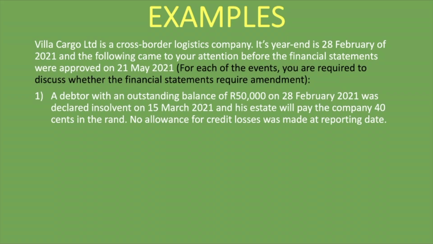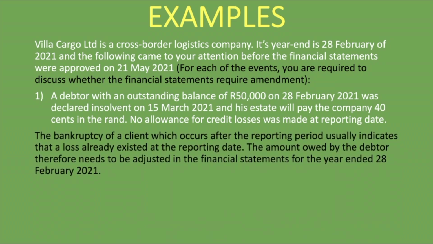So this is exactly how we'll account for it. The bankruptcy of a client which occurs after the reporting period usually indicates that a loss already existed at the reporting period. But as I've just mentioned, remember, unless you're given specific details to indicate that this happened after the reporting period. The amount owed by the debtor therefore needs to be adjusted in the financial statements for the year ended 28 February 2021.